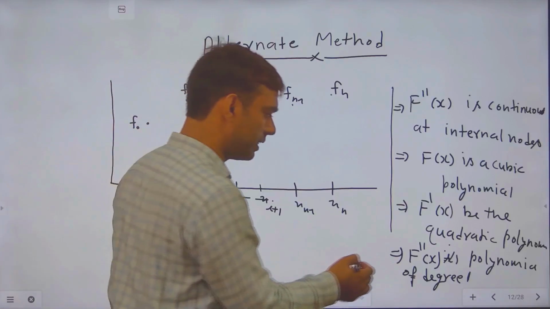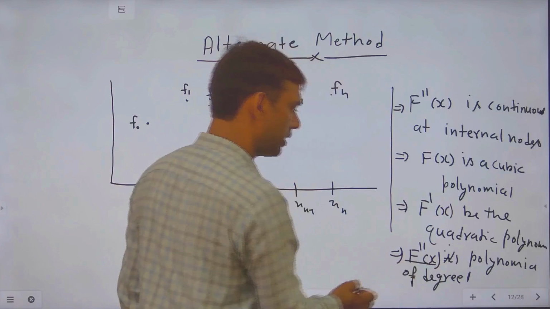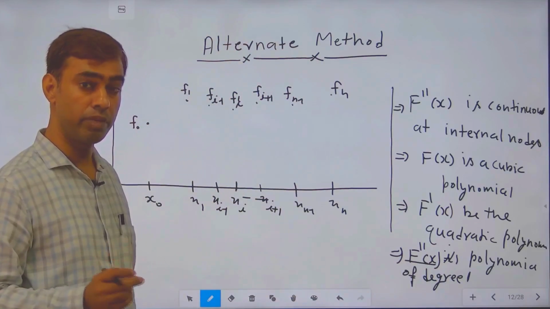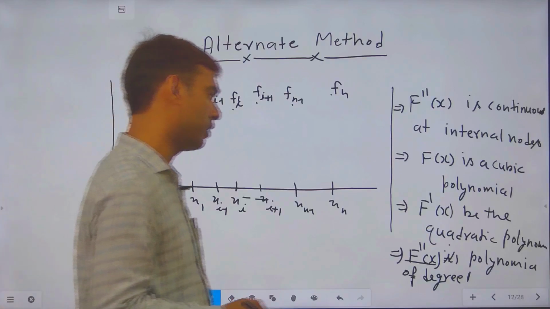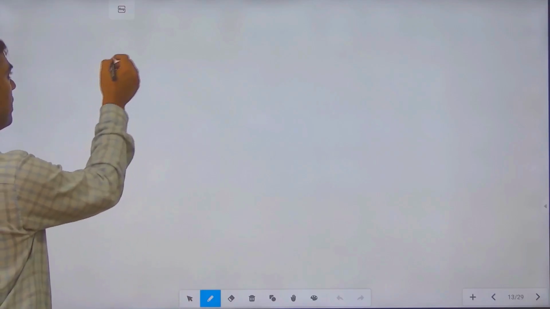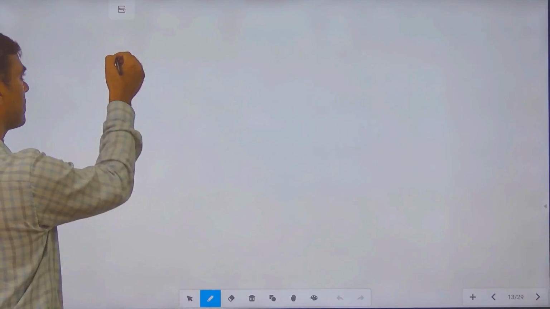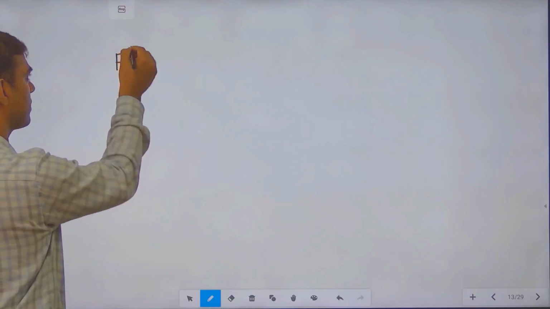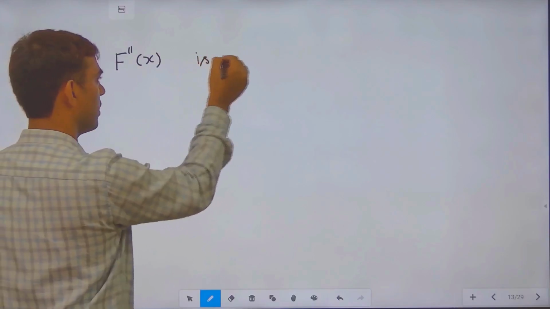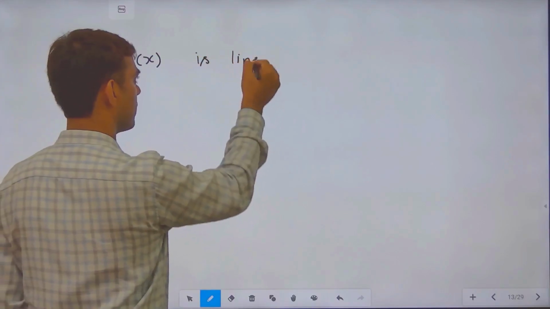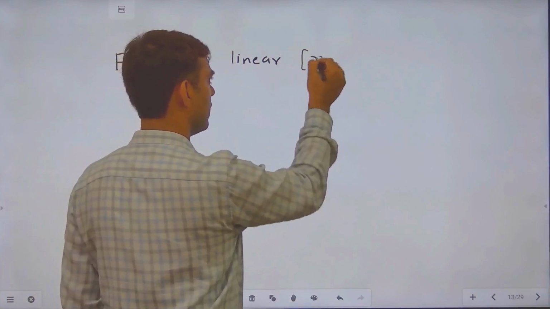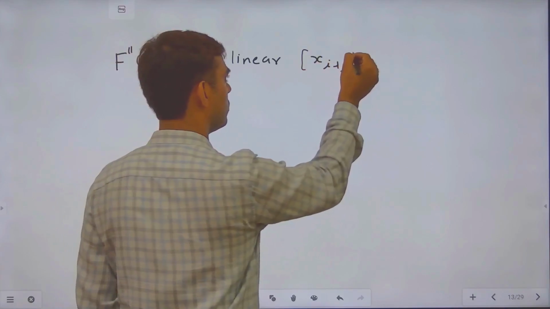So we use this property and try to fit f double dash x as a polynomial of degree 1 with the help of the Lagrange interpolation formula. So we try to fit f double dash x as a linear function between x_{i-1} and x_i.